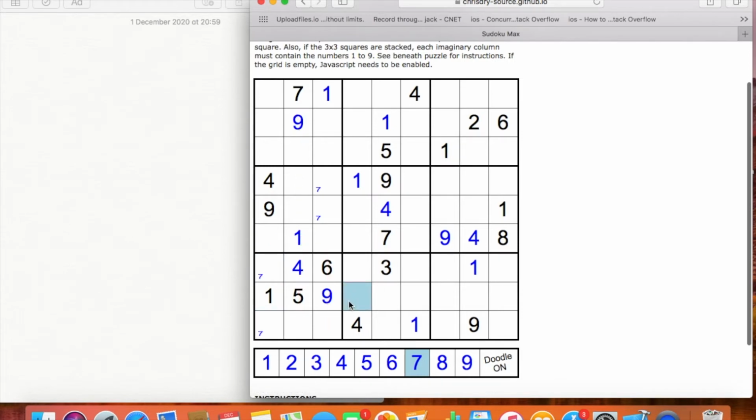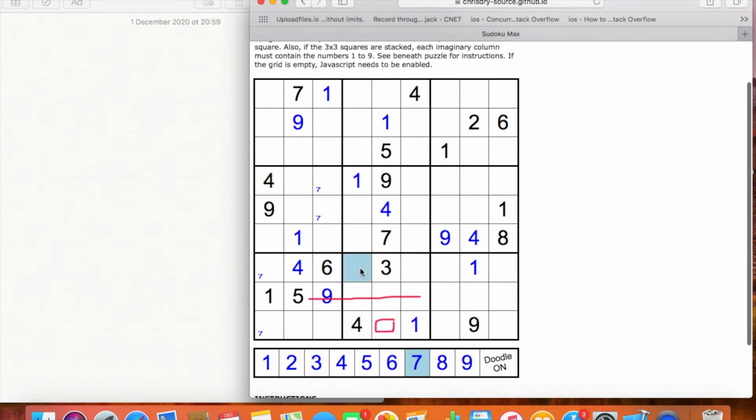In the bottom middle block, neither 9 or 5 can go in those 3 squares, but neither can they go in here because of the fact that there's a 9 and 5 in the column.